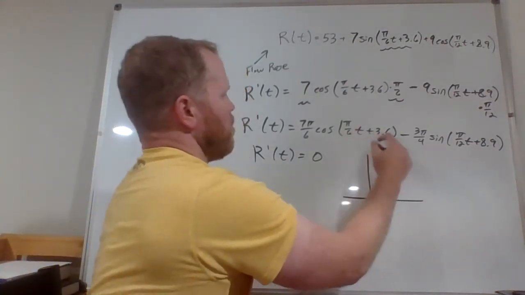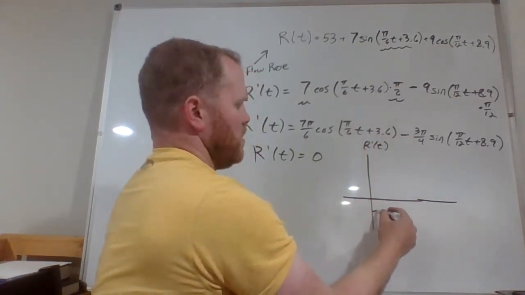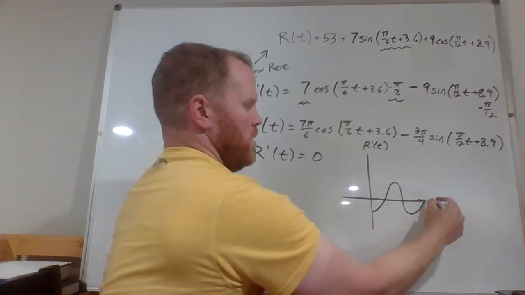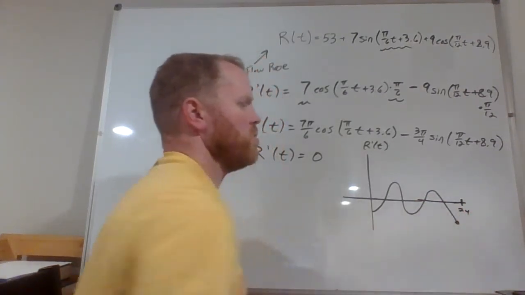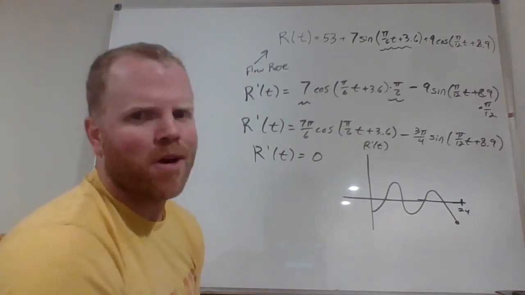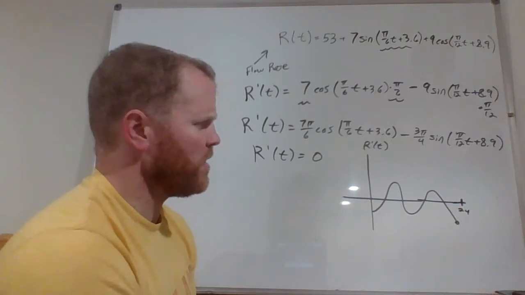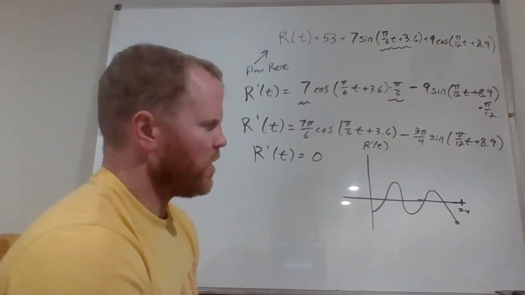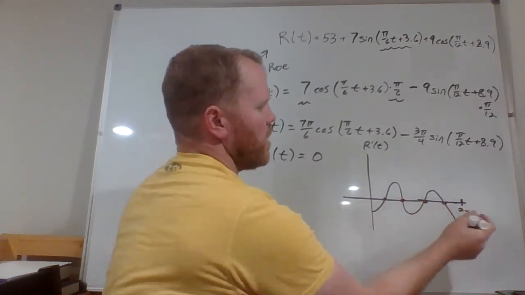If we graph this r prime of t function, it's going to look sort of something like this. You probably want to change your viewing window so you only look between times 0 and 24, because this is measured in hours and hours of the day. So you can see that this function winds up being 0, 1, 2, 3, 4 times.